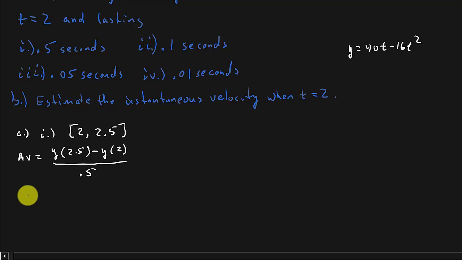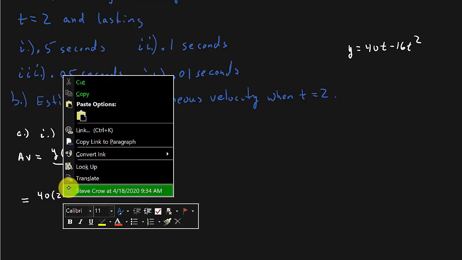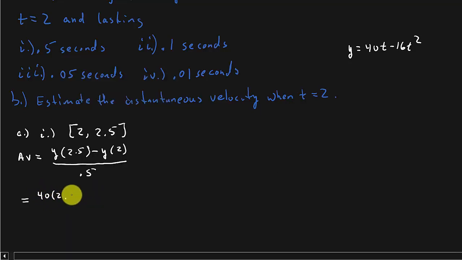And so this is going to be, let's see, 40 times 2.5 minus 16 times 2.5 squared, minus, and then I plug the 2 in, so that's going to be 40 times 2 minus 16 times 2 squared.